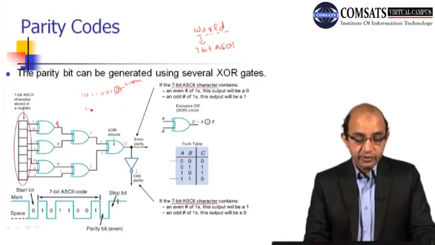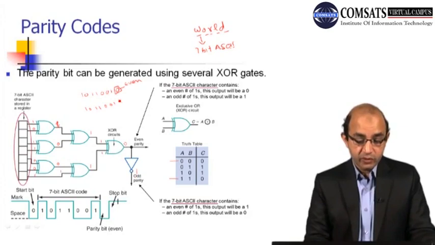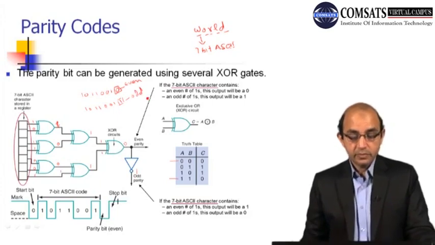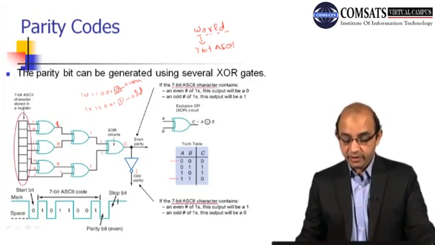And if we are going to use odd parity, we take the output after inversion, and you can see we will be placing a 1 over here, 1 2 3 4 5, so this is odd parity. So now let's have a look at the parity checker circuit.